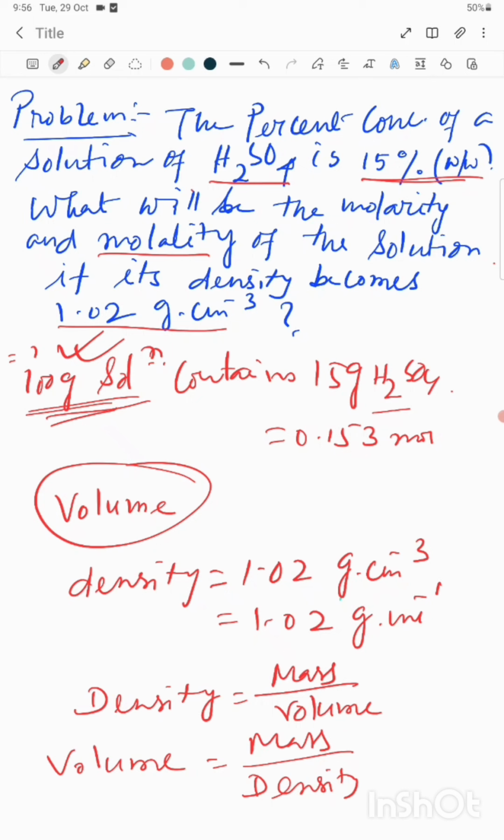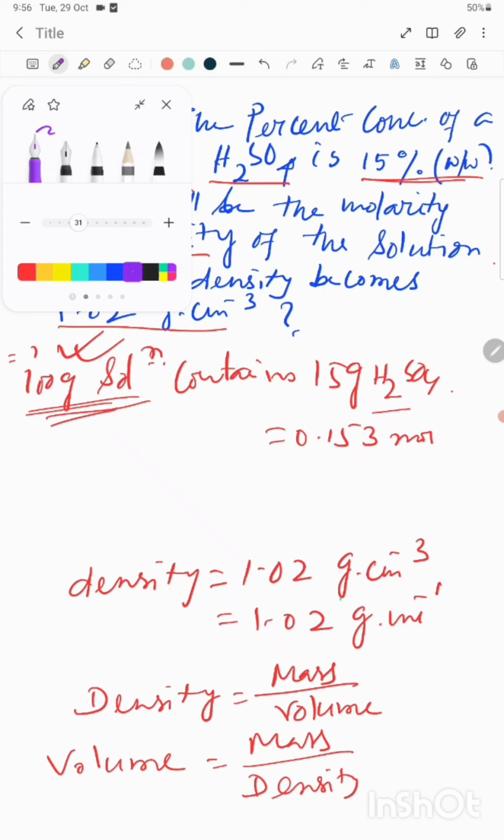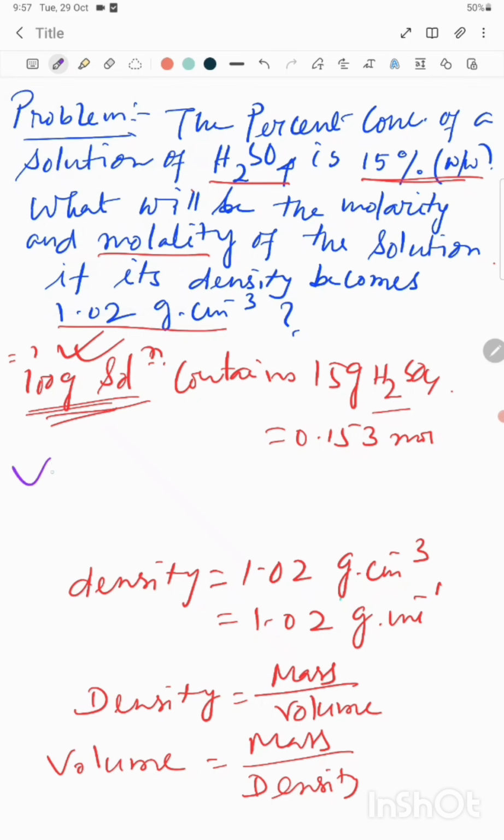Here mass is 100 gram, 100 gram solution. So if we want to calculate volume, V, I am denoting it like V. So mass is 100 by density 1.02, it will come in ml, and if you calculate it will come 98.04 ml.